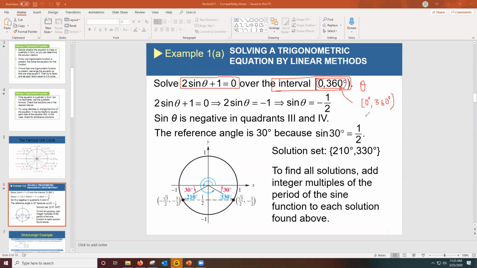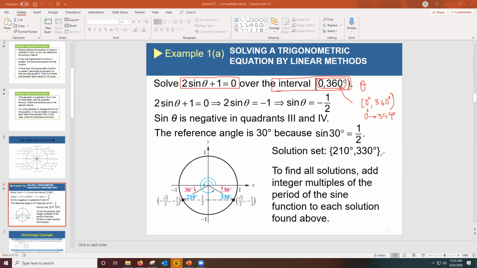So really, your answer has to be any angle in between 0 and 359 degrees. I can't come up with an answer of 360 degrees exactly, because this parenthesis here tells me the number 360 is not allowed as part of the interval.